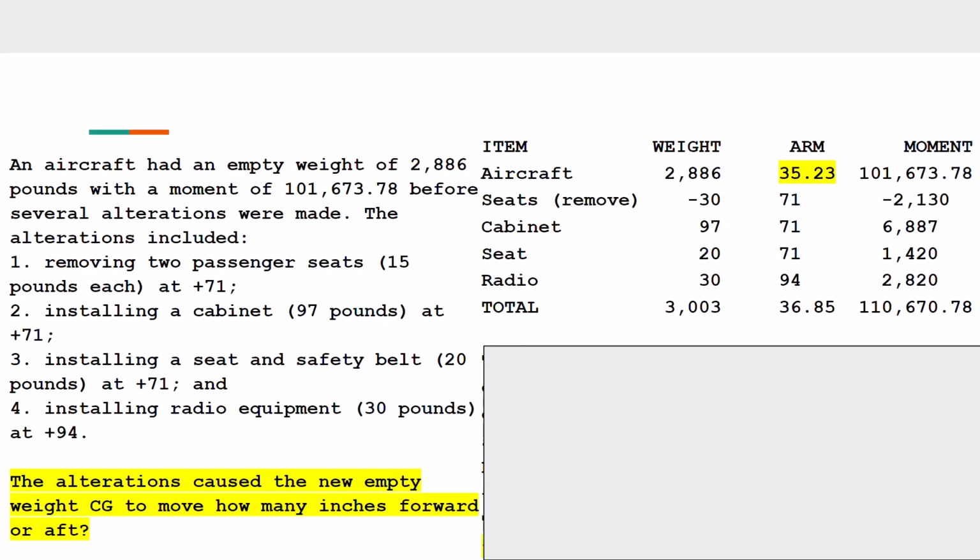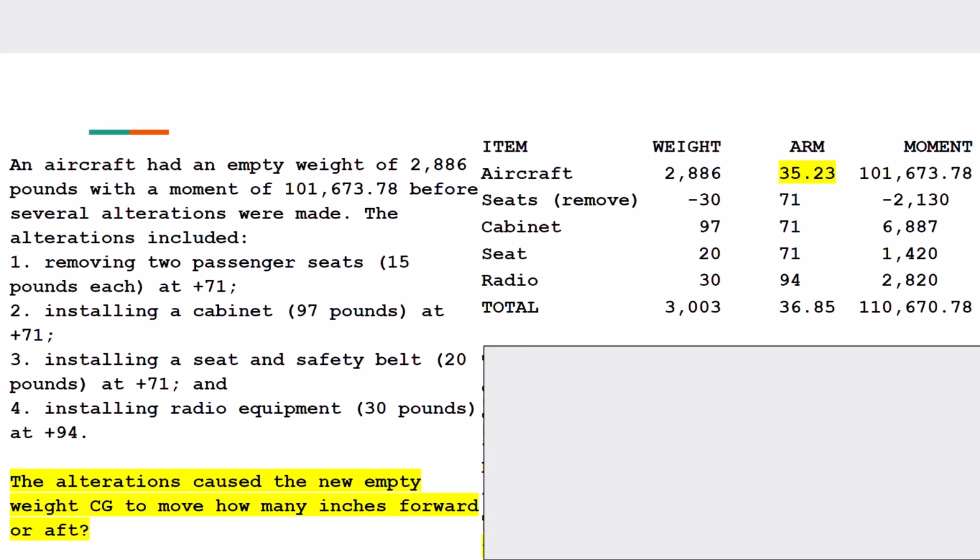The alterations include removing 2 passenger seats, 15 pounds at station 71, installing a cabinet, 97 pounds at station 71, installing a seat and safety belt, 20 pounds at station 71, installing radio equipment, 30 pounds at station 94. The alterations caused the new empty weight CG to move how many inches forward or aft?